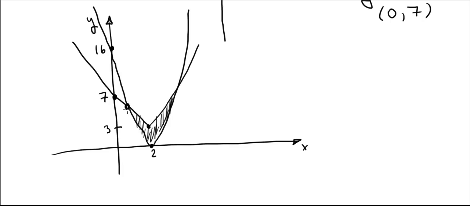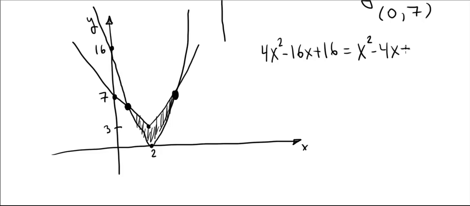We're going to need to find the points of intersection of the two parabolas. Right here we just need their x coordinates, so we take 4x squared minus 16x plus 16, set it equal to x squared minus 4x plus 7. Let's move everything to the left. 4x squared minus x squared is 3x squared, minus 16x plus 4x is minus 12x, 16 minus 7 is 9.